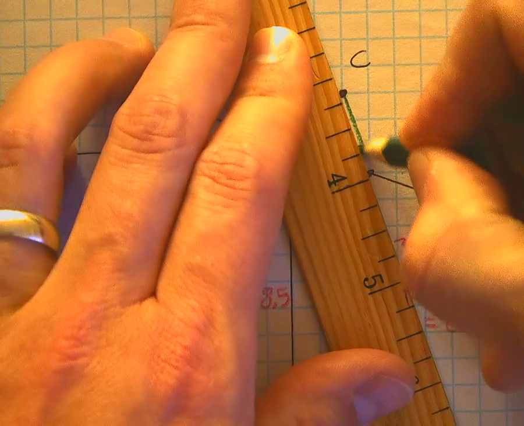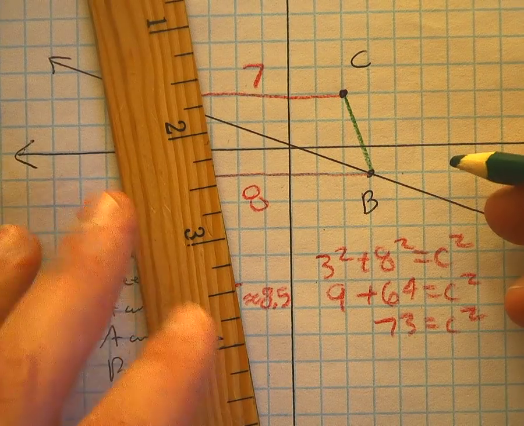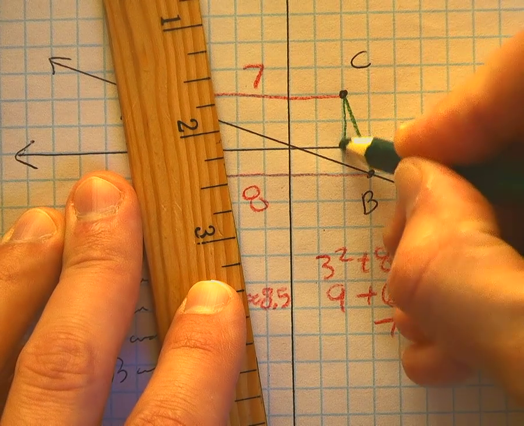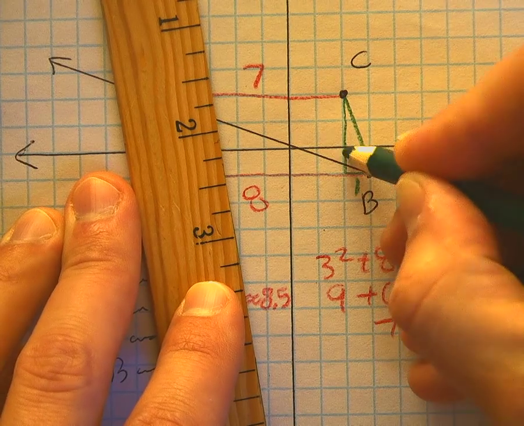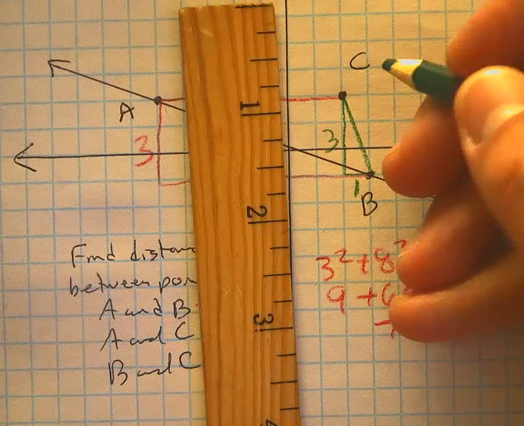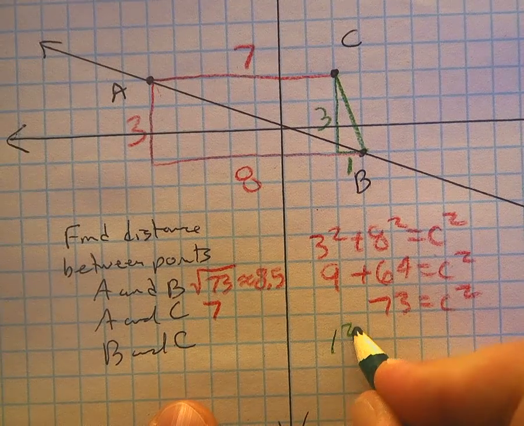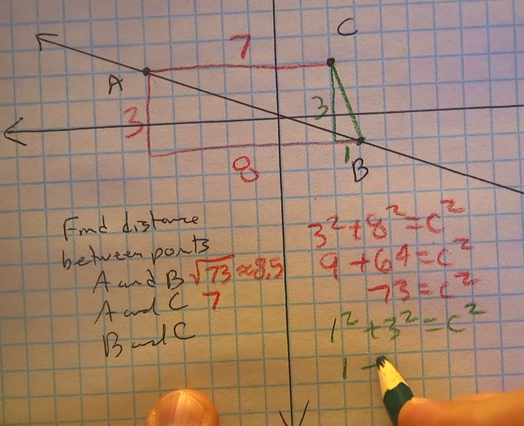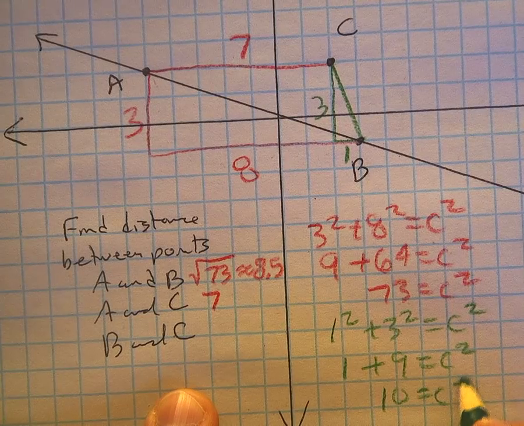I'm going to look at that line right here, and I can see it is on a slant, so I'm going to have to use the Pythagorean theorem. One thing I could do is go straight down and straight over. This is a length of 1. This is a length of 3 spaces. So I'm going to take 1 squared plus 3 squared equals c squared. This gives us 1 plus 9 equals c squared, or 10 equals c squared.